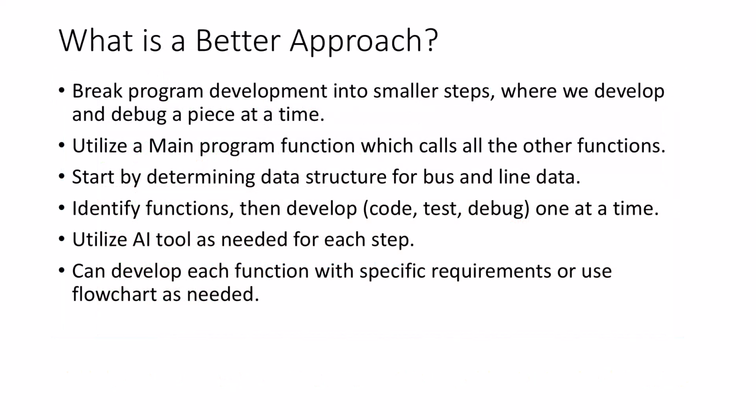A better approach to using AI to develop a power system analysis power flow program would be to break the development into smaller steps. So instead of asking for the entire power flow program, we break our effort into developing a small piece at a time. That way we can focus on writing more specific requirements and debugging each code module in a more manageable fashion.